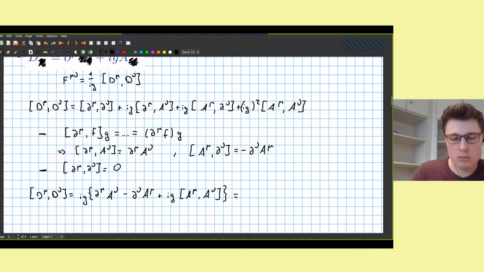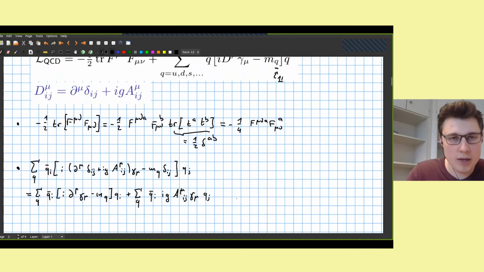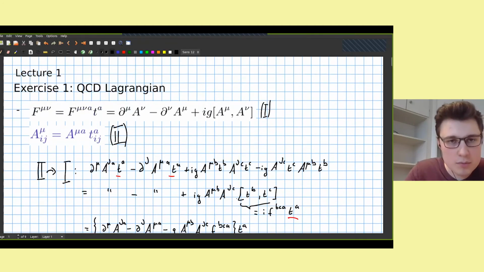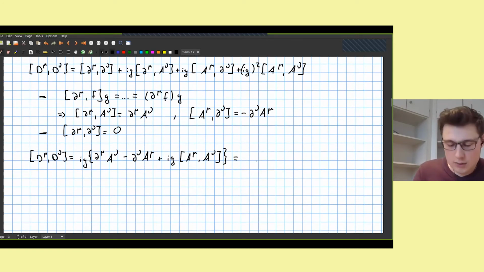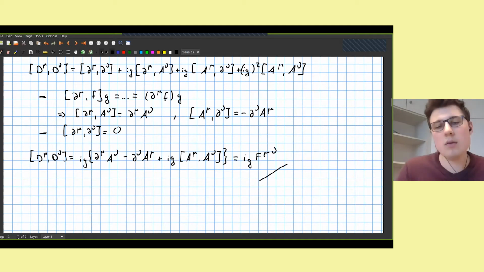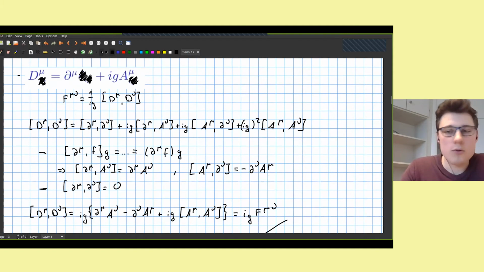And of course, let me scroll up two pages, sorry. This is exactly equation 1 of this first exercise, so that's the definition of the field strength tensor. Inserting it here gives us exactly what we wanted to show, namely that the field strength tensor can be given in terms of the commutator of two covariant derivatives. Okay, and again, that's all that we wanted to show here.